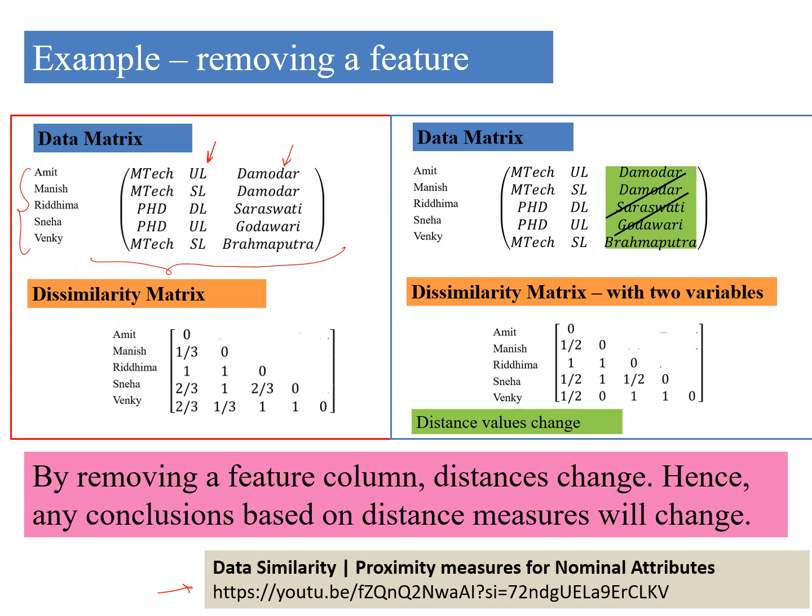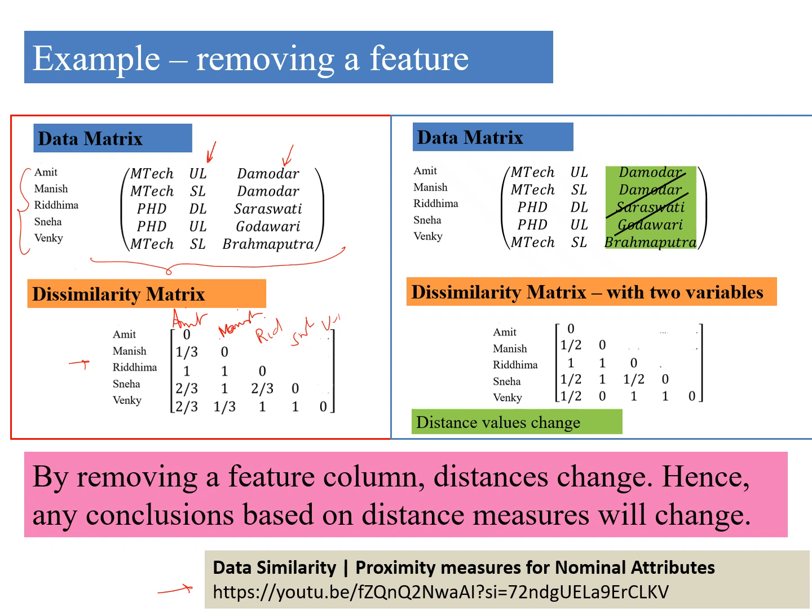Now for the first block again, we create the distance matrix for the 5 given students. So this is Amit, Manish, Sneha, and the last is Venki.